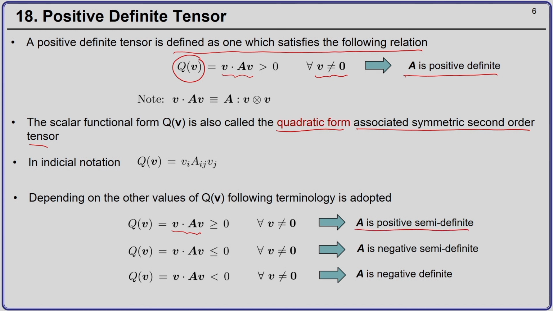Now, if V dot A V is less than or equal to 0, for all values of V which are not equal to the 0 vector, then A is called negative semi definite. And if V dot A V is always less than 0, whatever be the value of V, then A is called a negative definite tensor.